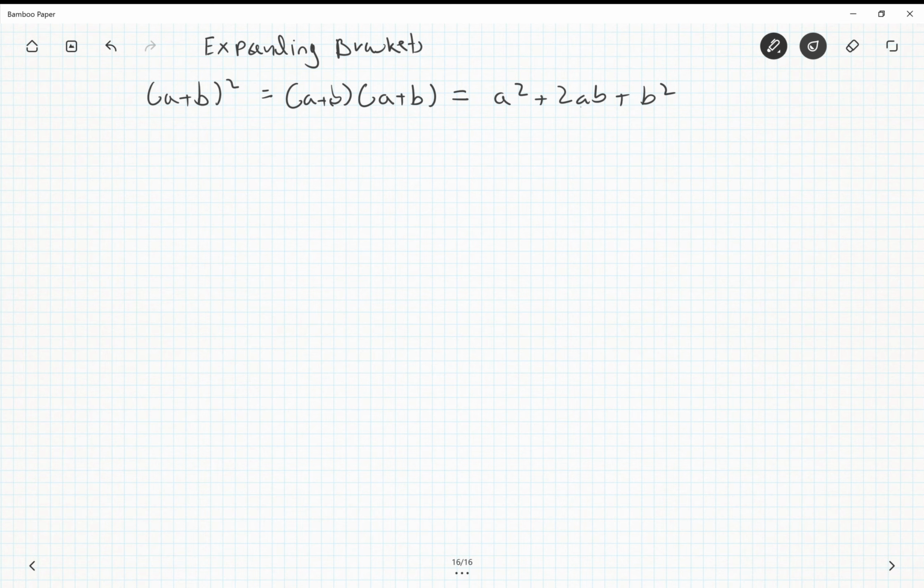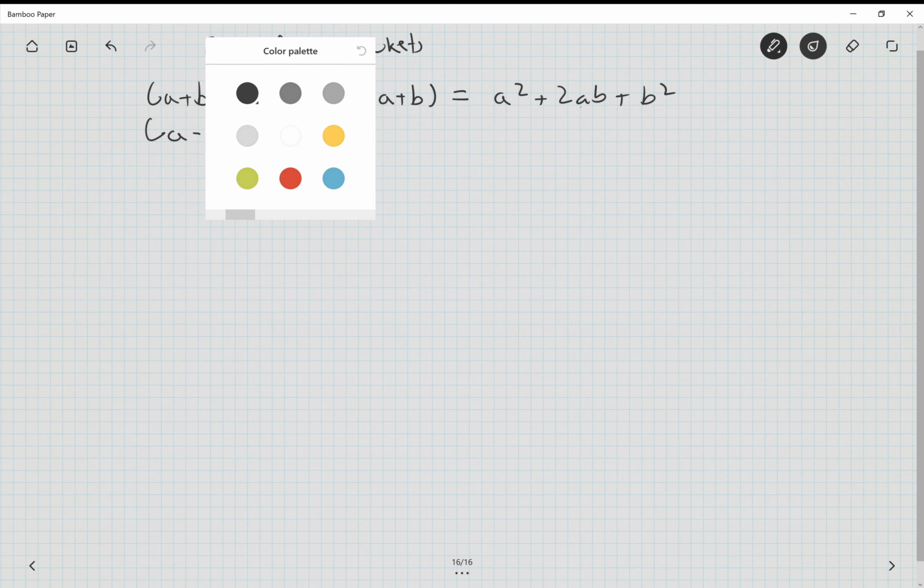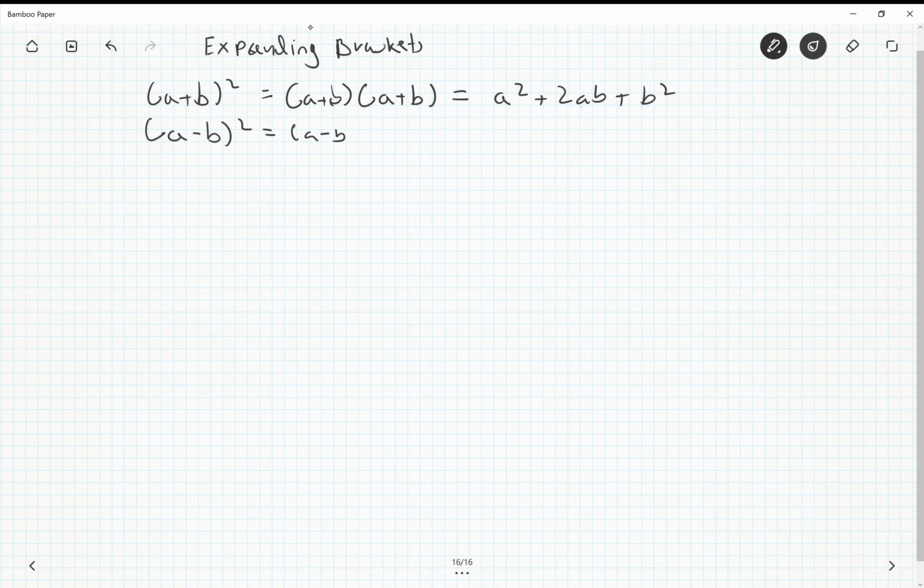And then the other one is a minus b whole squared. So that would equal a minus b times a minus b. So now we can expand. So a times a, that equals a squared.